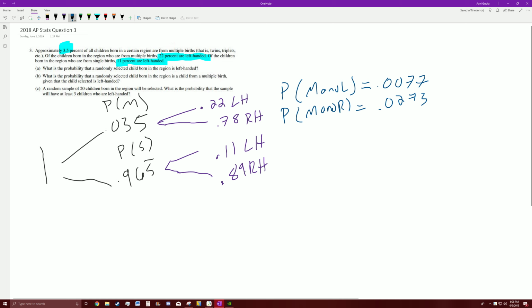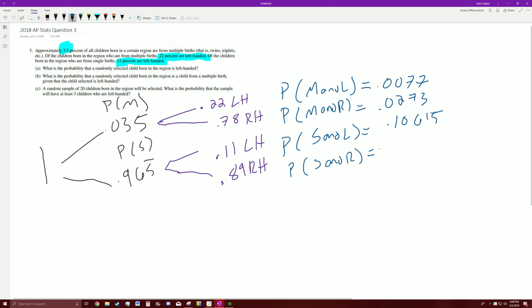Then the following, 0.965 times 0.11. This is the probability that it's single and left, which is equal to 0.10615. The probability that it's single and right is 0.965 times 0.89.